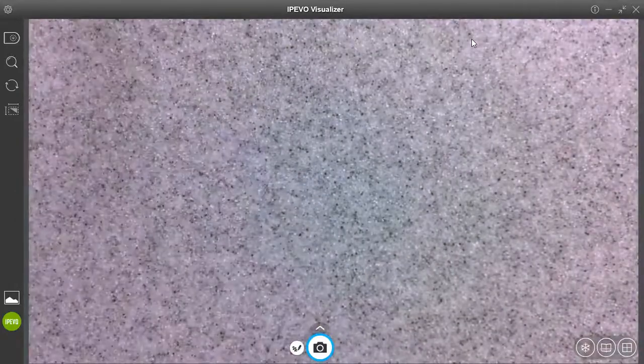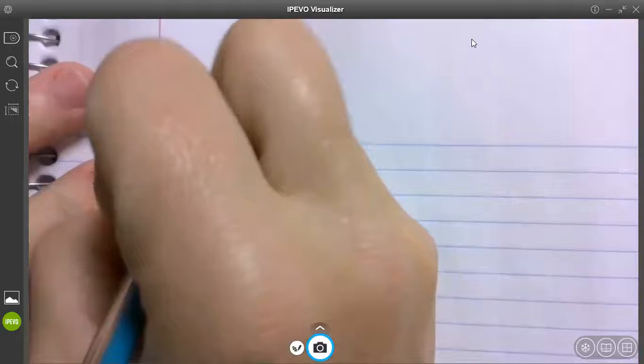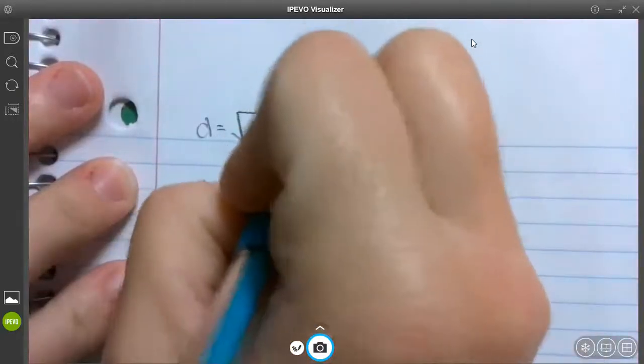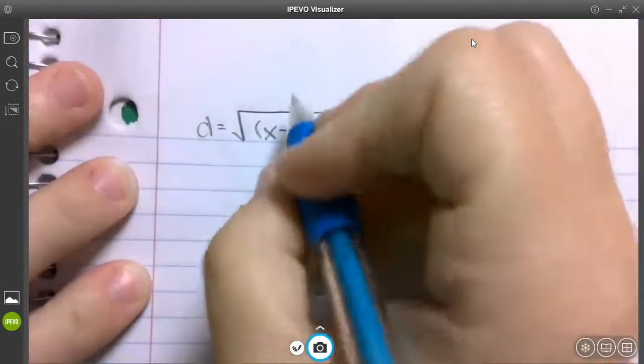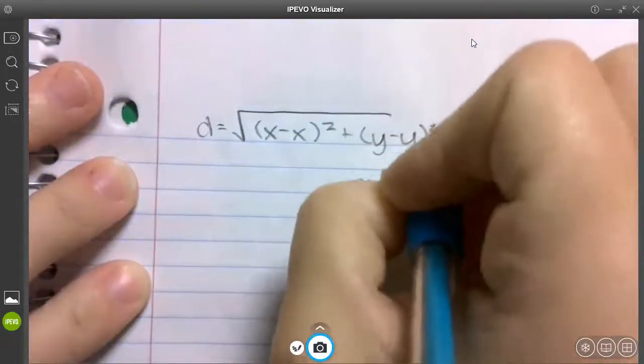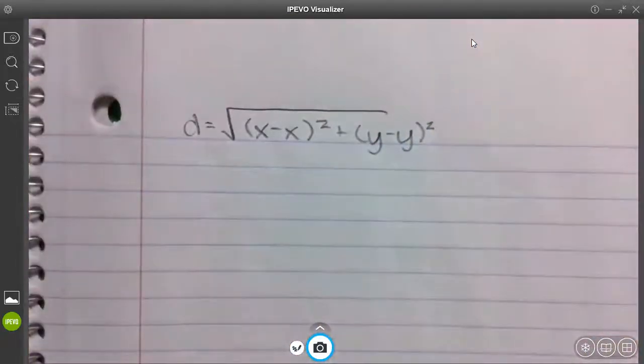Number 5. Again, like I said, the distance. Remember your distance formula is x minus x squared plus y minus y squared. And I told you it's easier if you'll just put the x and the y in front, and then your numbers in the back.